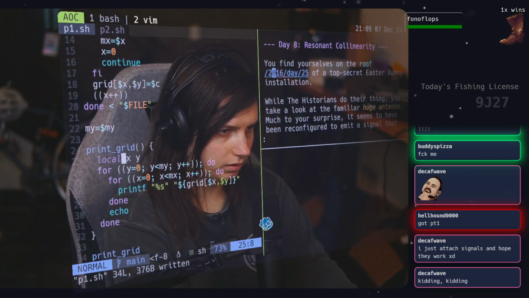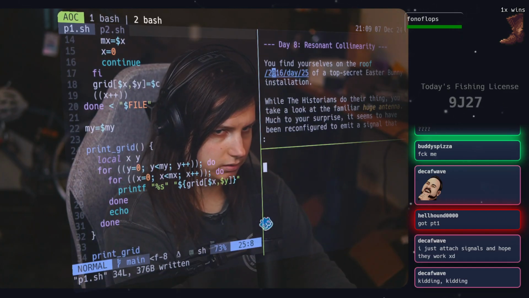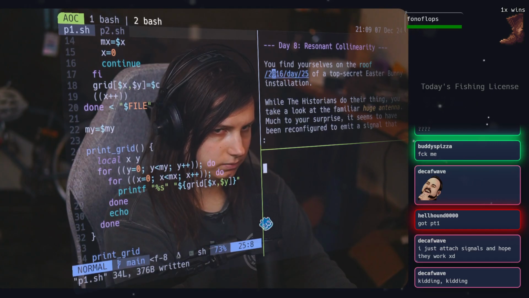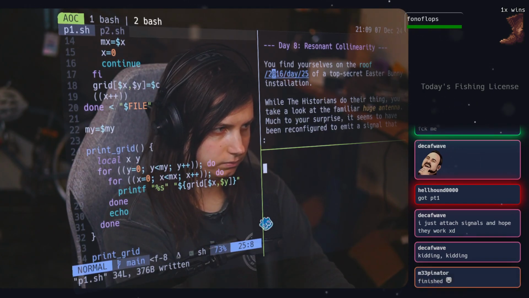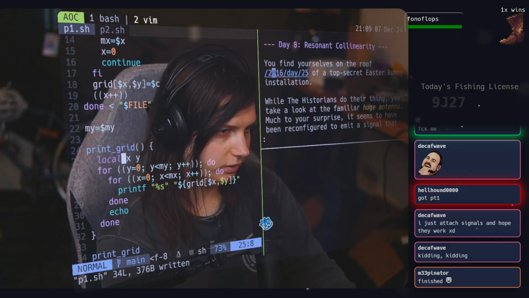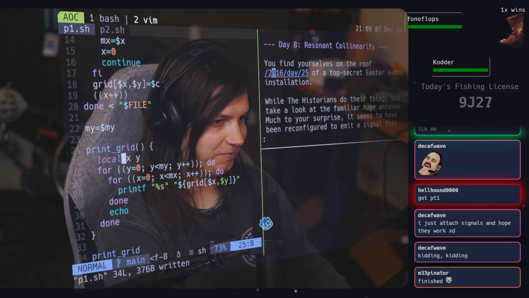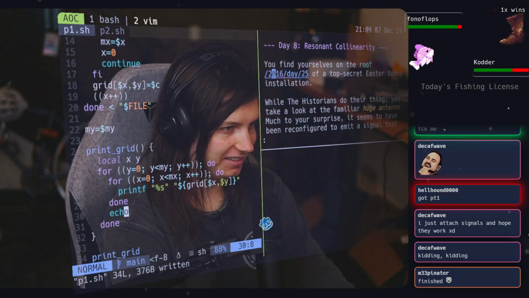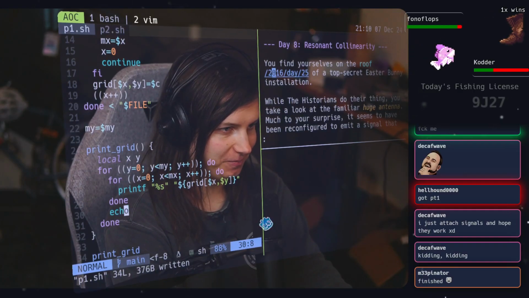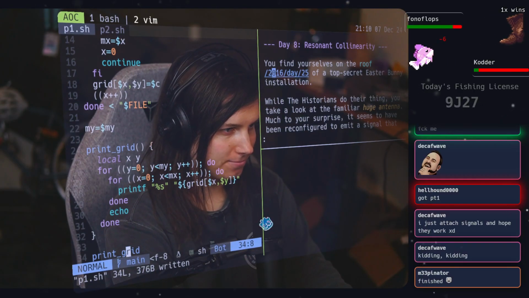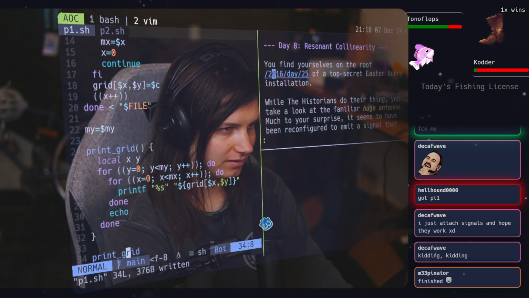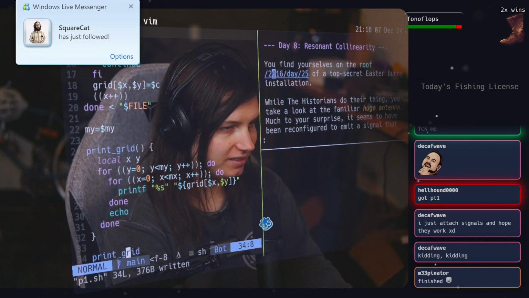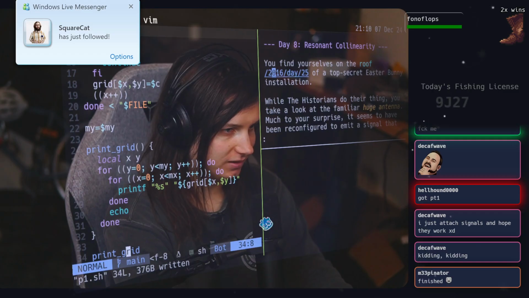All right, we're stuck. I'm still parsing the grid. Dang it. Grids are not easy, because I was lazy and I never wrote the helpers.